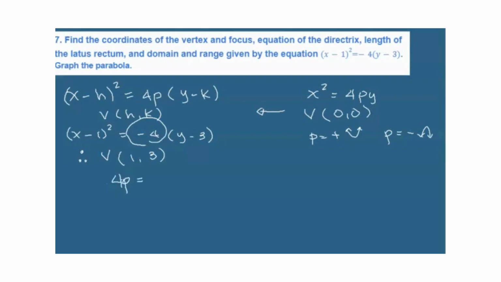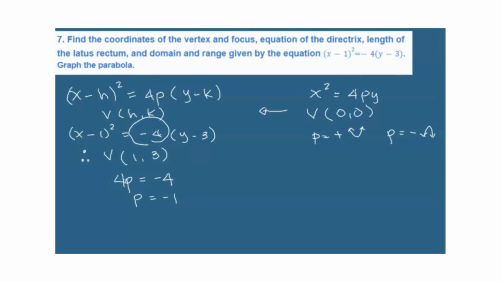So 4p is equal to negative 4. So p is equal to negative 1. So p is negative, so therefore this graph is opening downward.